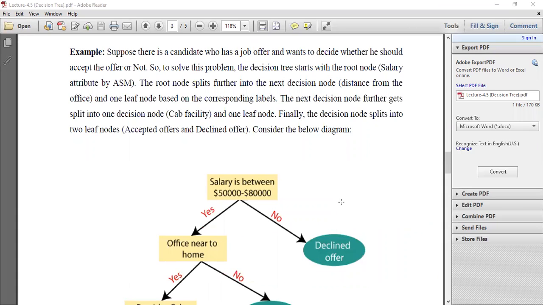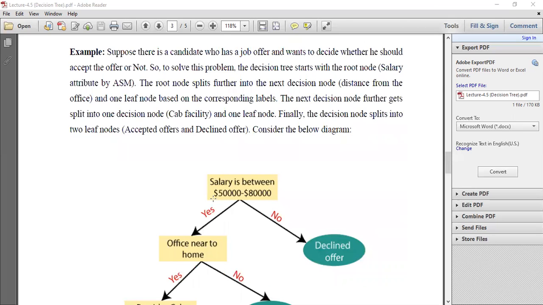This is an example of decision tree. Suppose there is a candidate who has a job offer and wants to decide whether he should accept the offer or not. So to solve this problem, the decision tree starts with the root node, salary, attribute by ASM.